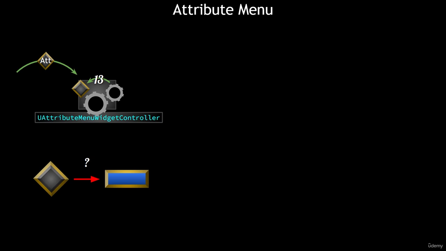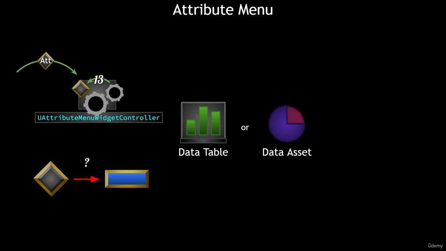If this is data-driven, then we can have some kind of either data table or perhaps a data asset that can package up all the data associated with any given attribute gameplay tag. Now, we've seen how to use data tables and look up info from those, but so far we haven't used any data assets.